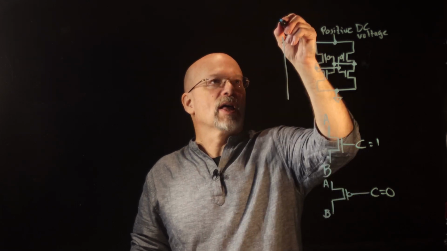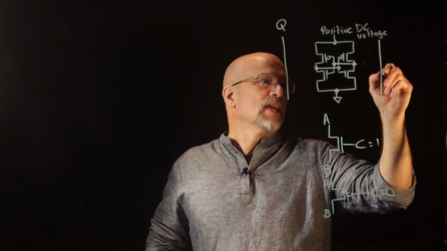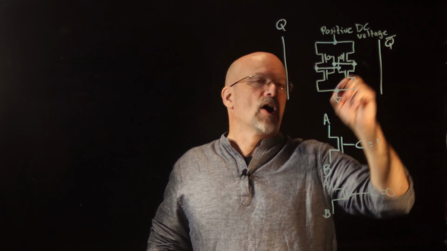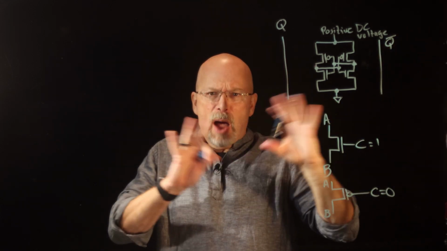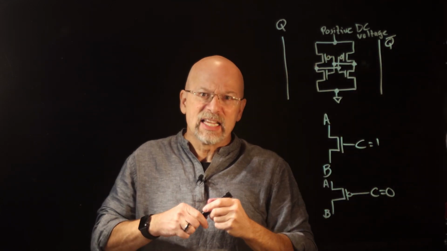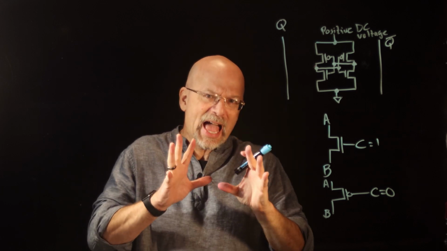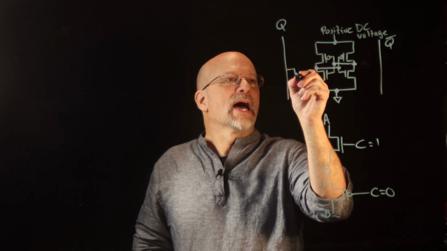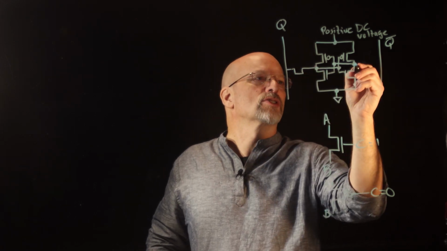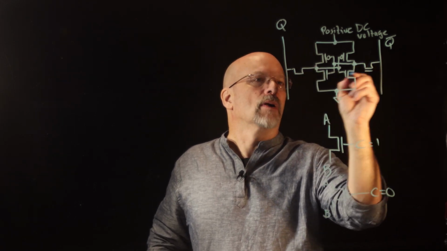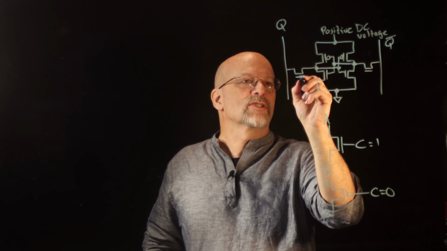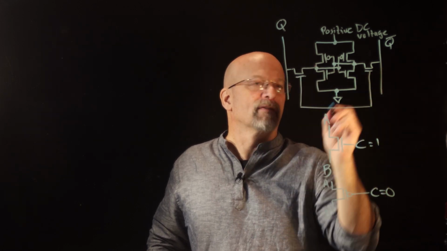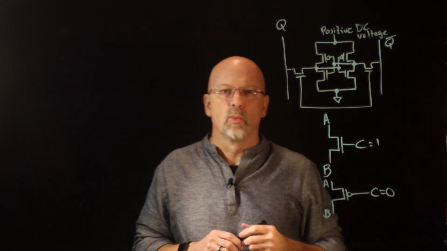So I actually will have a Q and a Q bar that are like that, but I want to leave this cell disconnected unless the processor is specifically asking to communicate with this cell. So the way you do that is you put 2 more transistors. Now these transistors I'm going to have turn on when there's a logic 1.